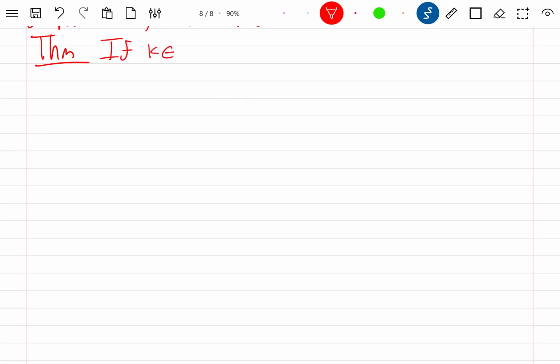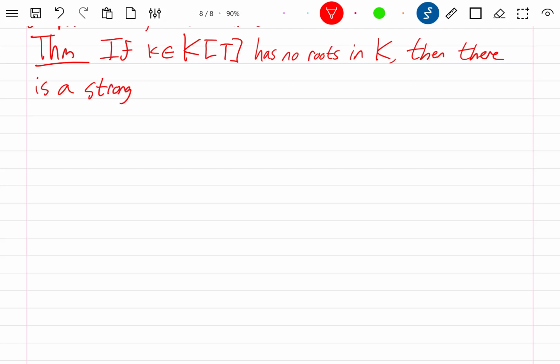If little k in k adjoin t has no roots in k, then there is a strong hyperfield extension L over k.